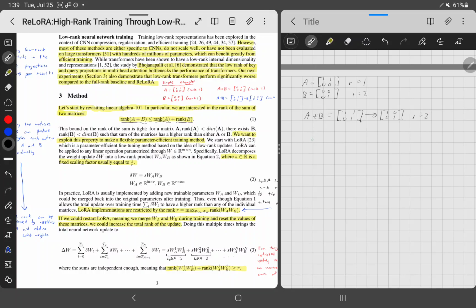Now, in this scenario, we have the rank of A plus B, and then the rank of A plus the rank of B. These are obviously equal because 2 is equal to 1 plus 1.